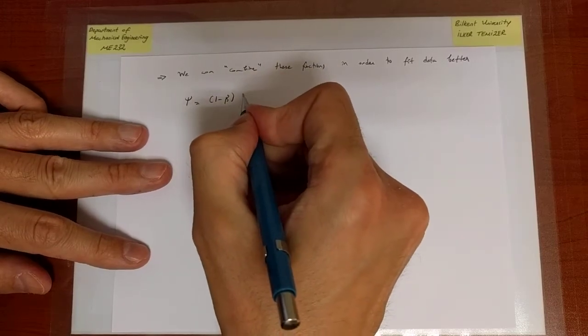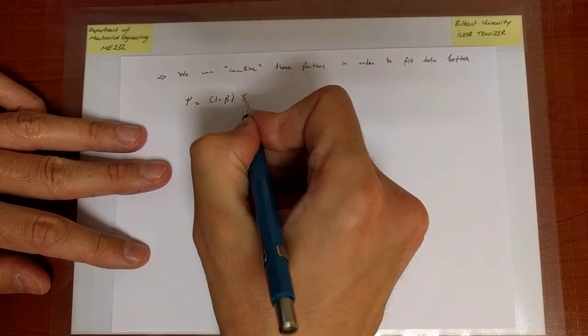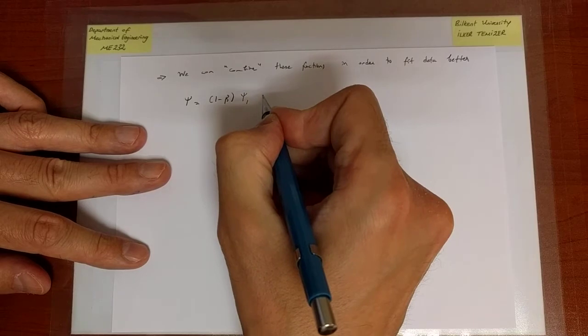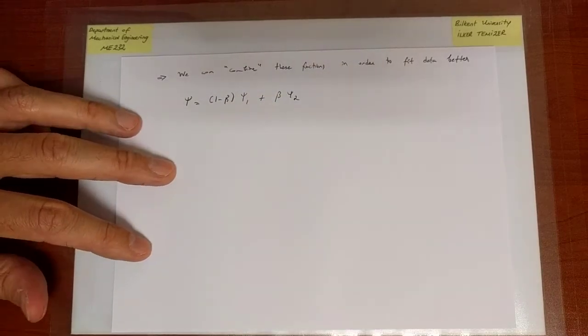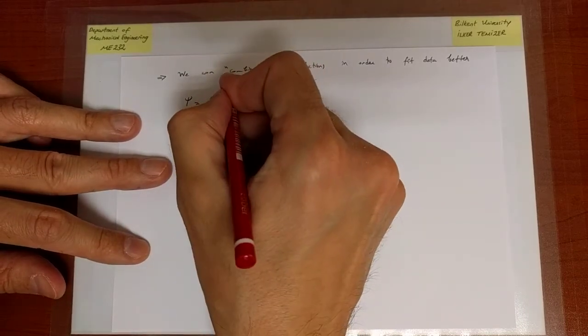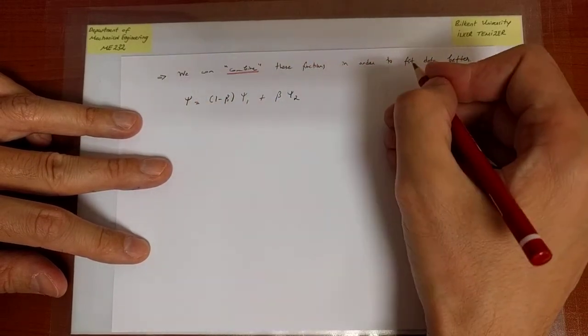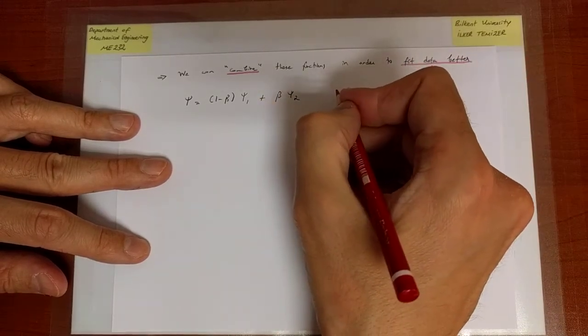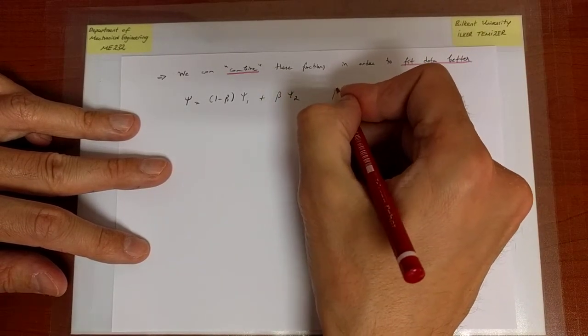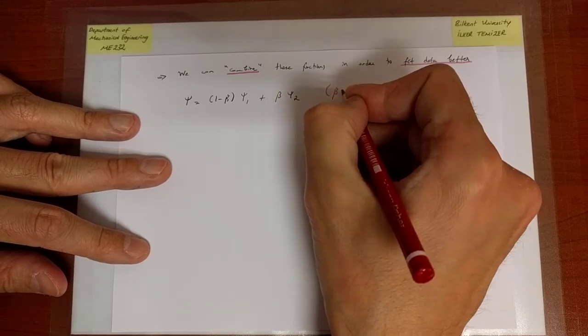I'm going to take a factor 1 minus beta of the first Fung approach plus the remaining factor beta of the second. So here my combination is serving to ultimately fit data better. That's my goal, and I'm doing that through a parameter called beta.